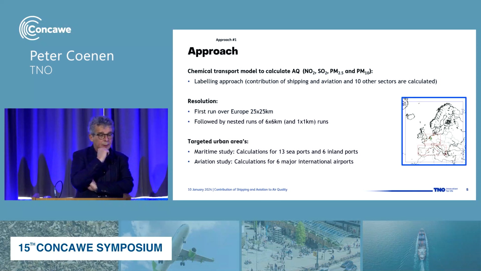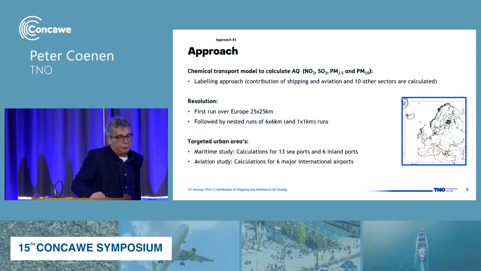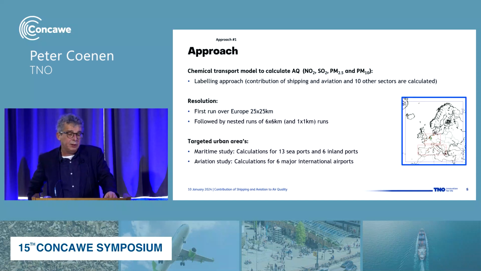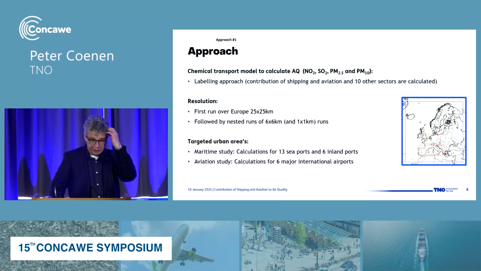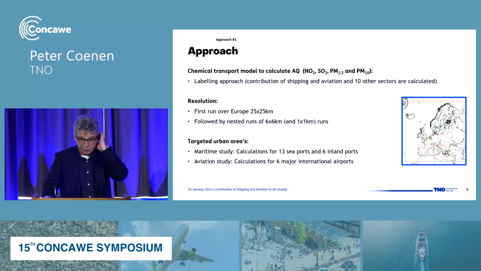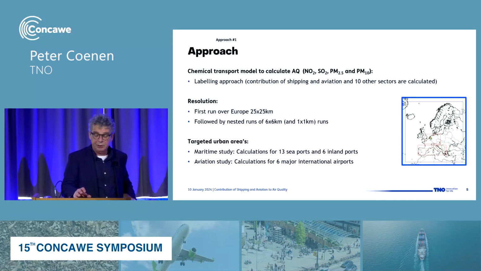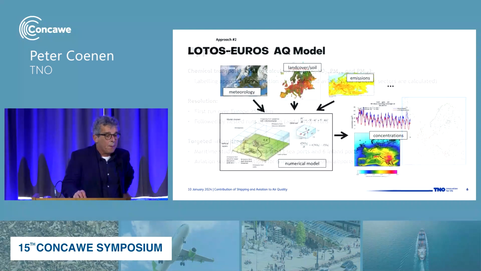We ran the model, the first run at 25 by 25 kilometers, followed by runs of 6 by 6 kilometers and in some cases 1 by 1 kilometers. For the maritime study, we targeted 13 seaports and 6 inland ports. And for the aviation study, we calculated for 6 major international airports in Europe.